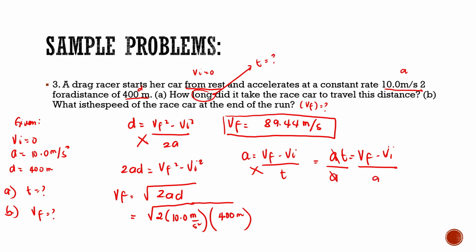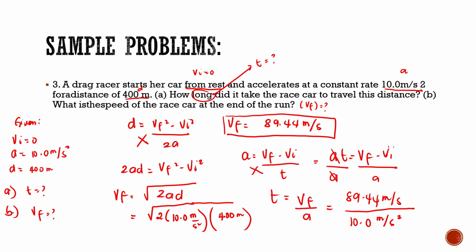Your time is equal to VF over A, since VI is 0, so no need to write it. Then let's substitute the values: our VF, which is 89.44 meters per second, divided by the given acceleration, which is 10.0 meters per second squared.